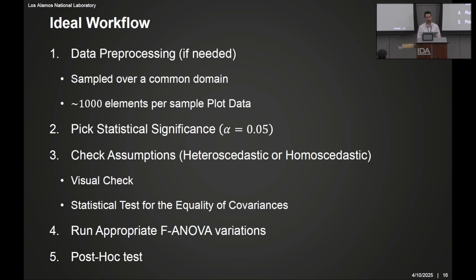You can visually check this, which I'll show shortly, or there are also statistical tests for the equality of covariances. Run the appropriate F-ANOVA variation, and then any post hoc test. If F-ANOVA does say that there is a difference, just like standard analysis of variance, we need to know which one it is. It just states that one of the groups, one of the levels within our factor, is different, but we need to know which one it is.